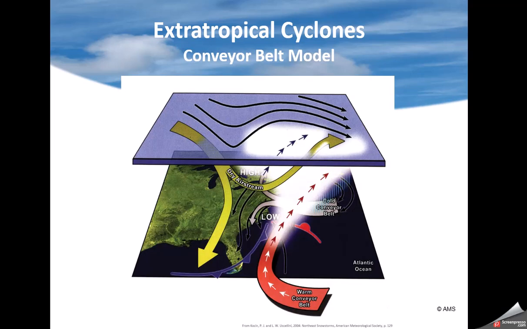All right. Dr. Toby Carlson at Penn State developed what he called the conveyor belt model. It can be confusing, but it really explains why we get a comma head shape. So I have a cold conveyor coming in off the ocean. It's moist. It's rising up over this low.